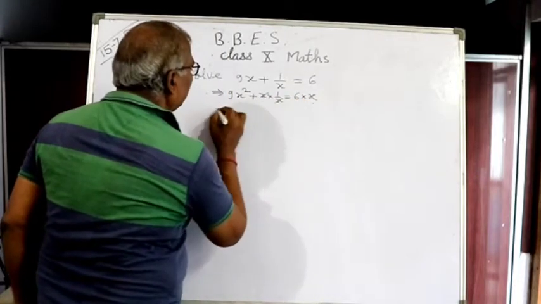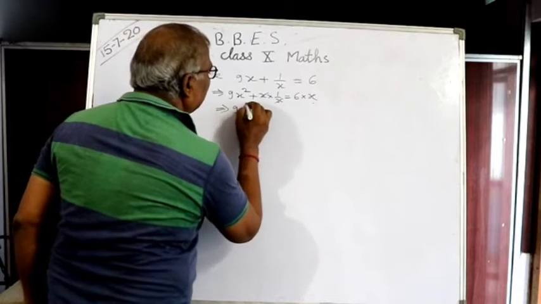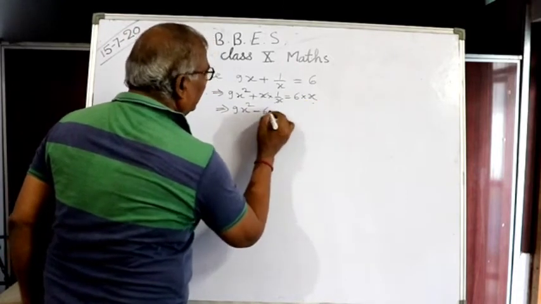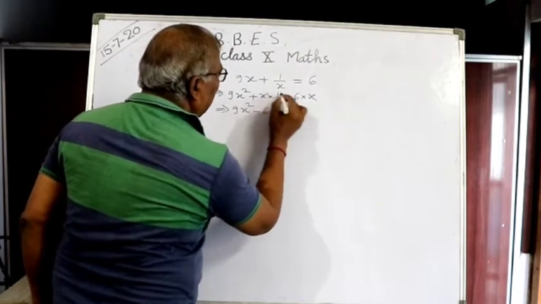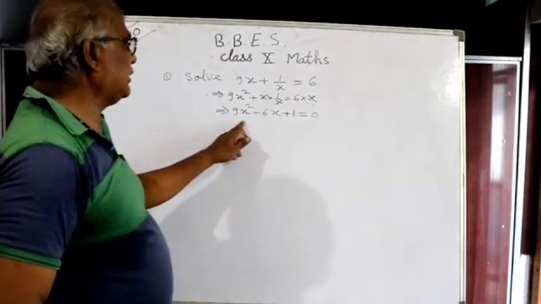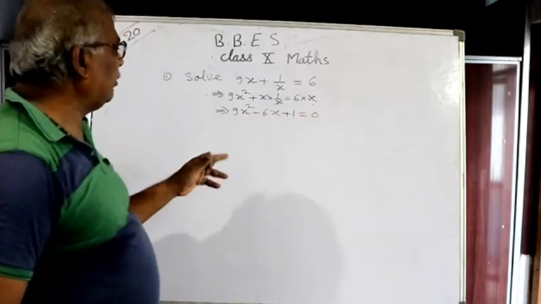X cancels. This implies 9x square minus 6x plus 1 is equal to 0. Now it is the standard form of the quadratic equation.